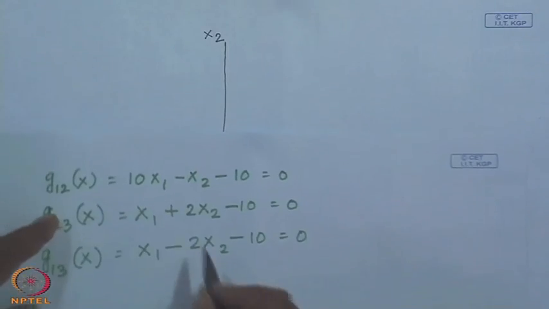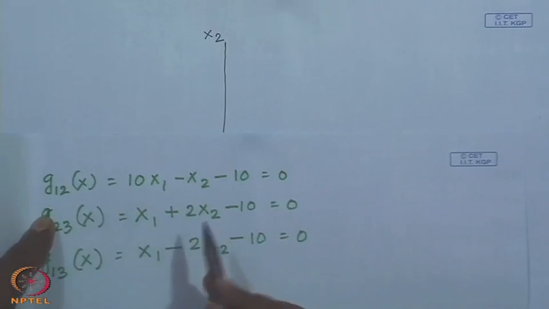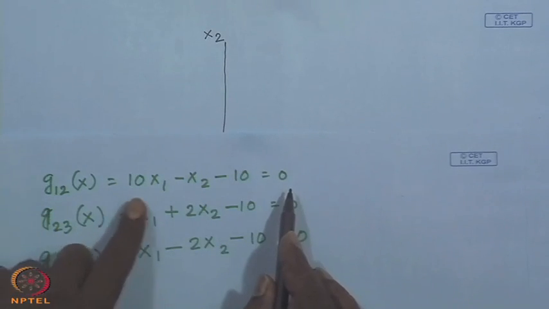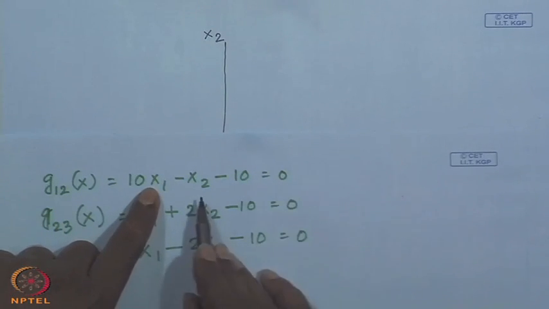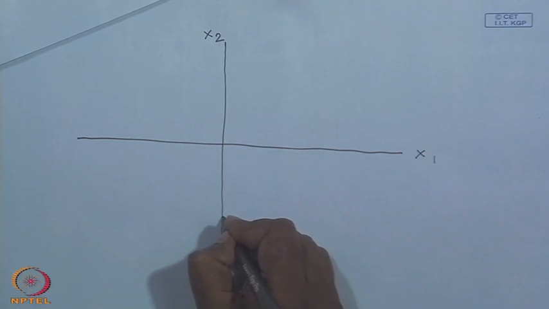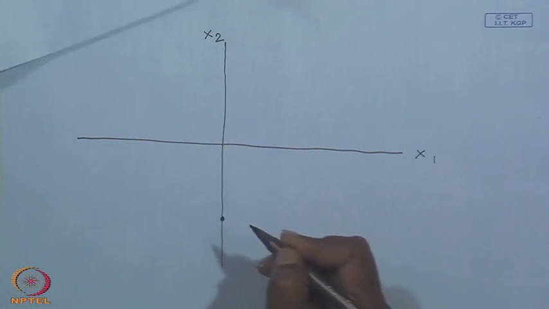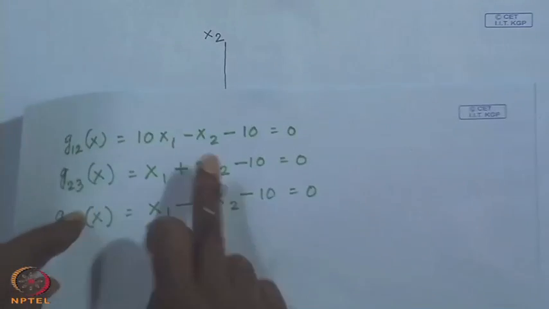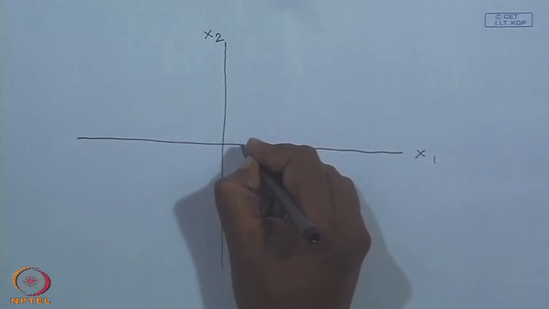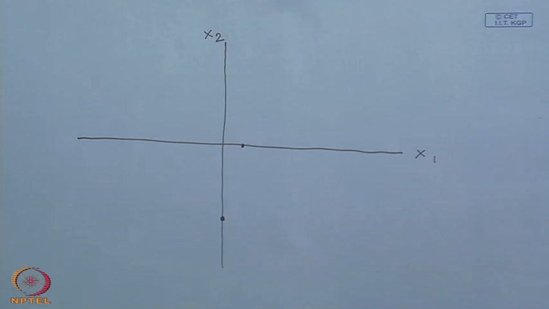Here you find this particular line 10x1 - x2 - 10 = 0. If I put x1 equal to 0, x2 will be equal to minus 10, so that will be a point somewhere over here. And if I put x2 equal to 0, x1 will be equal to plus 1, so that will be a point somewhere over here.